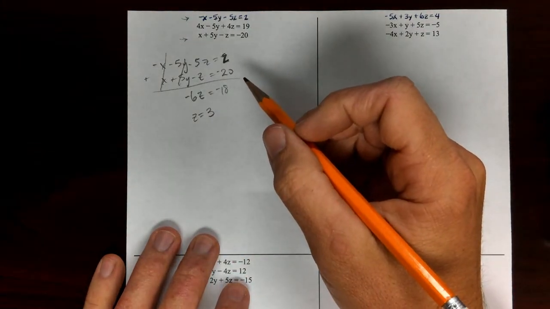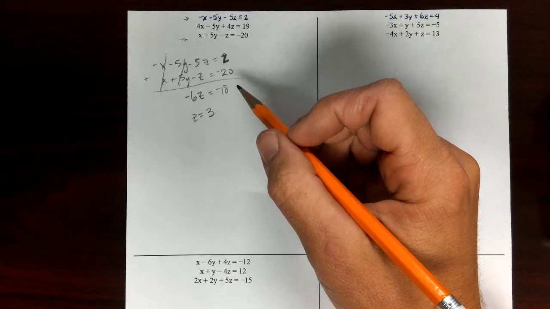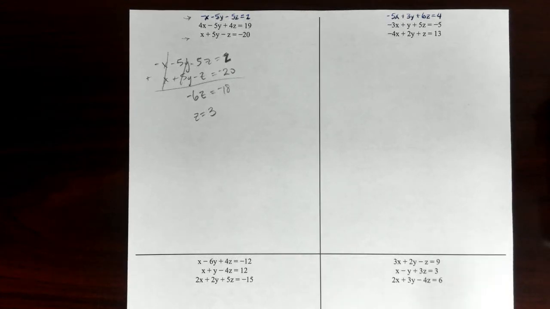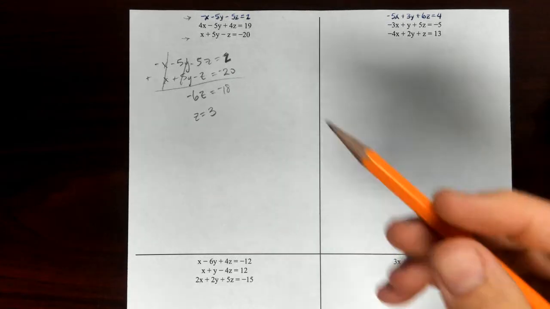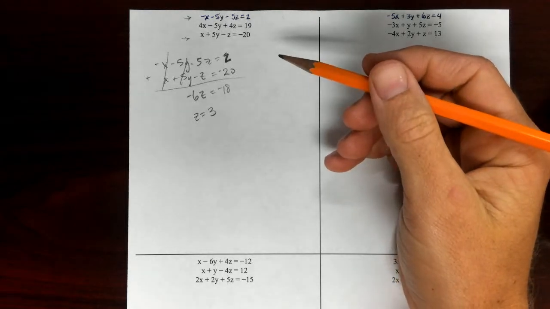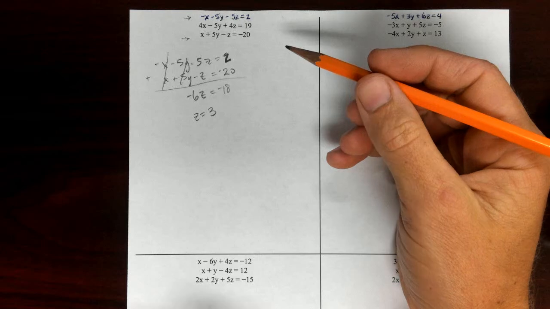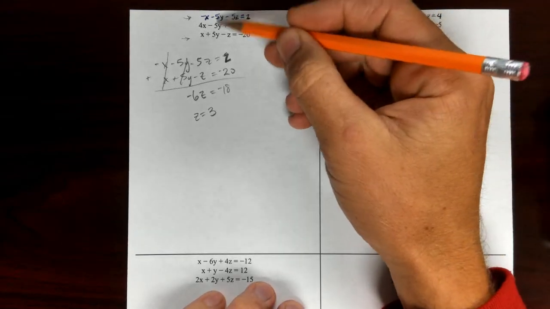Now, once you know what z is, I can take that puppy and plug it back in. But the problem is, I've got 3 variables, right? So I need to eliminate another variable.